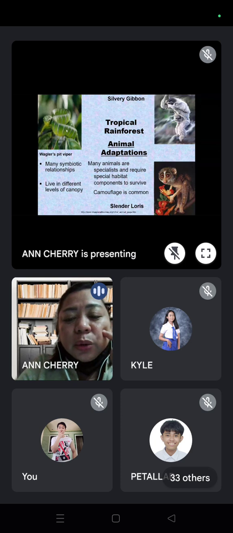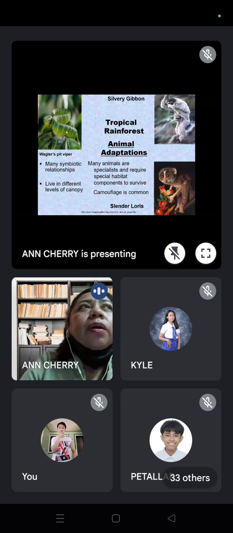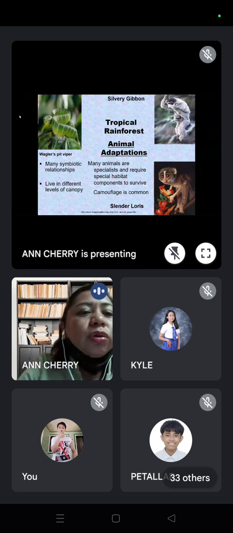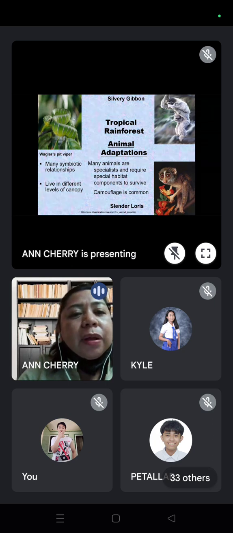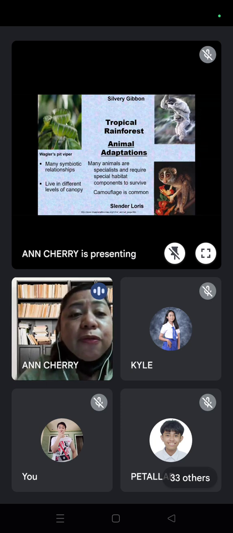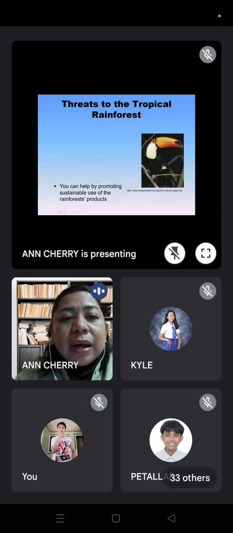And this is to prevent them from being seen by predators, or to prevent them from being detected by the prey. So when we look at this Wagler pit viper, we think it is part of the leaves. But actually, it's a snake. So it camouflaged, it blended in with its environment.